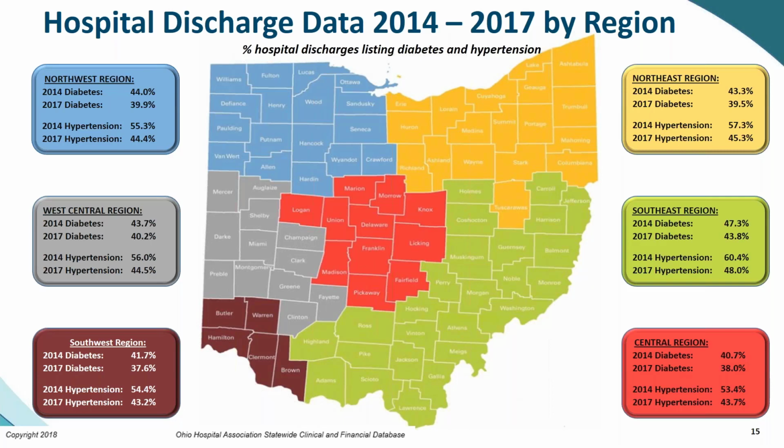We were just thrilled to see in the statistics that every single region in the state had improvement in their A1C level, in their rate of discharges for diabetes and the rate of discharges for hypertension during that 4-year period.